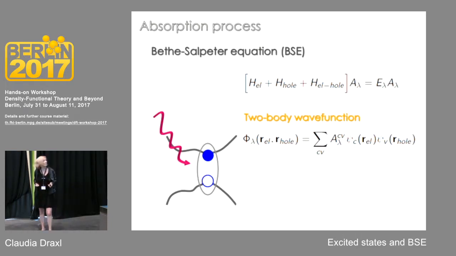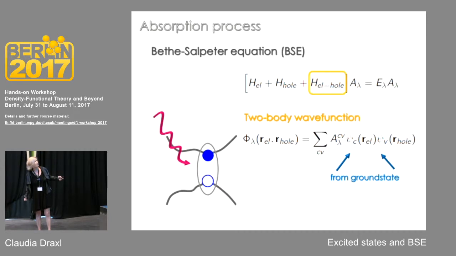And how do we compute this? I mean, actually we know from the ground state calculation, of course, all the wave functions, at least the Kohn-Sham wave functions, or you can also do it in GW, the wave functions of the conduction bands and the valence bands. So the valence bands now play the role of the hole, and the conduction band states play the role of the electrons.